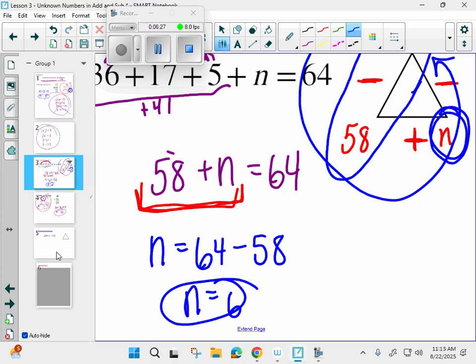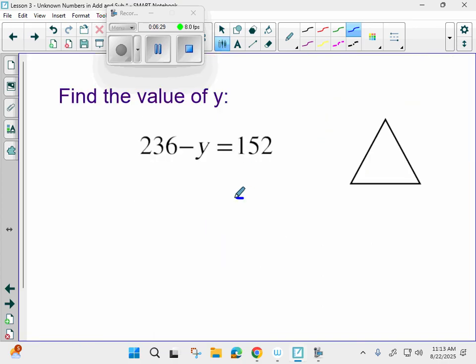This one's weird, so we are going to do it, even if you're like, I got it. All right, write this one down, because the negative's in front of the variable, which is kind of odd. So 236 minus y equals 152. And then we have our triangle.